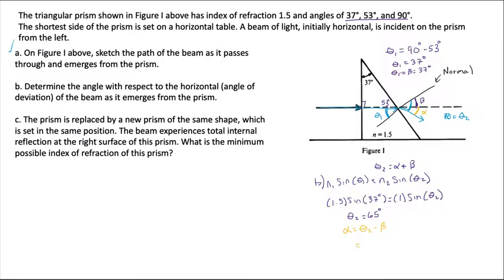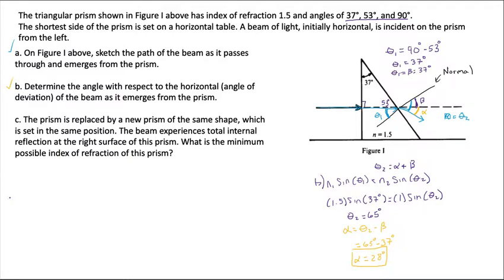Which is just going to be 65 degrees minus beta, which we said was 37 degrees. And so alpha is going to be just 28 degrees. Alright, and that's it for part B.